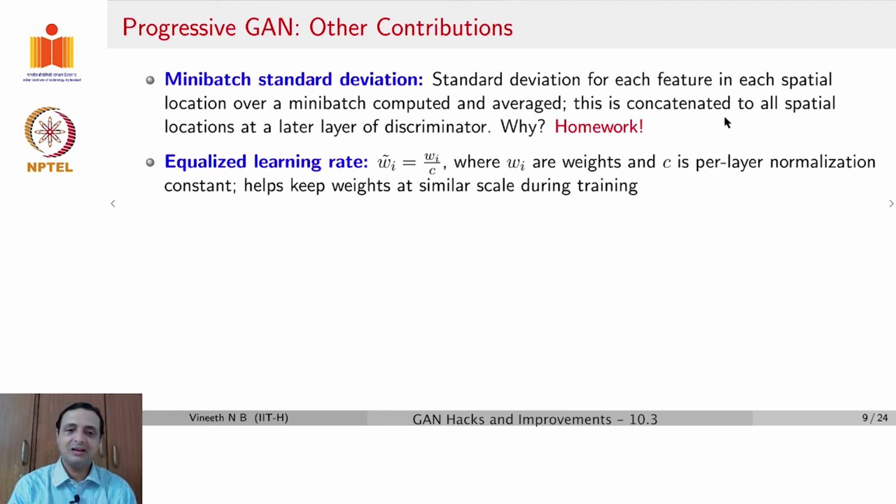Why is this done? This allows us to vary C in every layer and thus help keep the weights at a similar scale during training. So why is this called equalized learning rate? Because the value of the weight effectively affects the gradient and hence the learning rate.